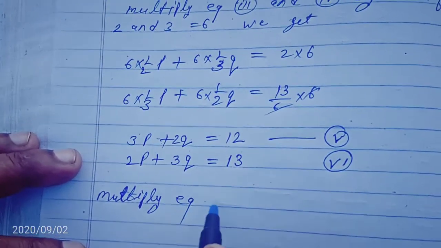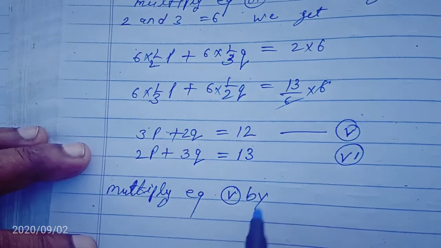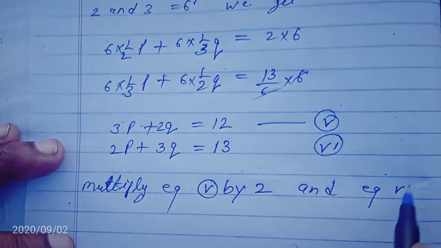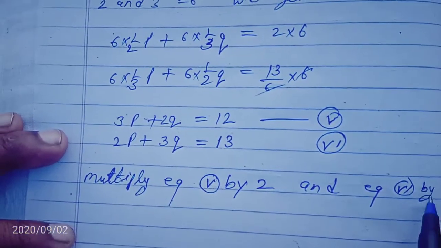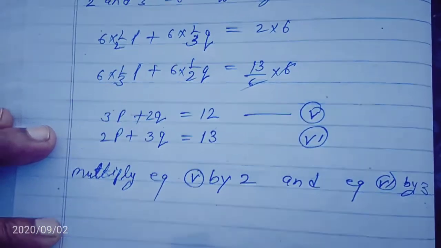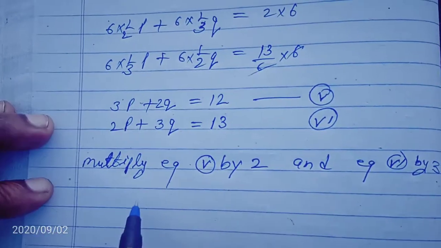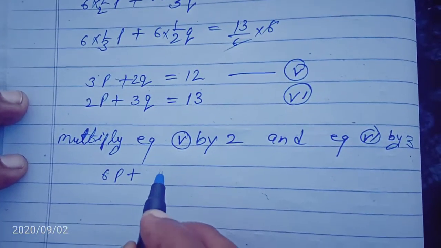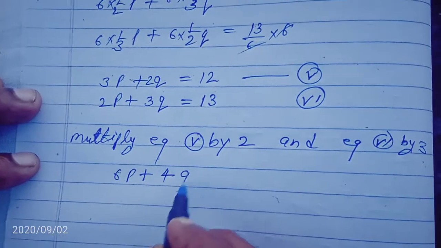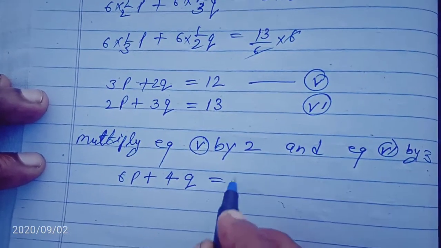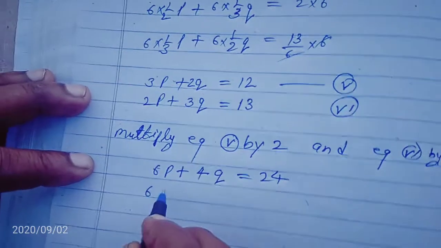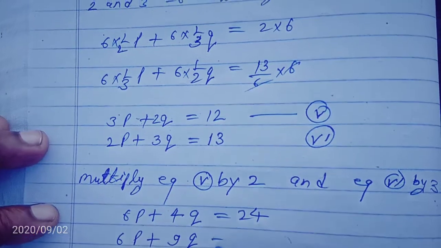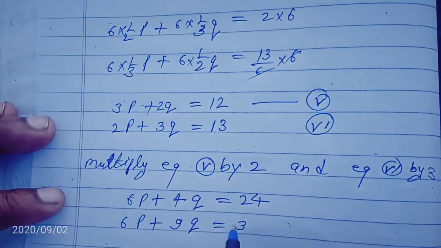We get 6p plus 4q is equal to 24 and 6p plus 9q is equal to 39.